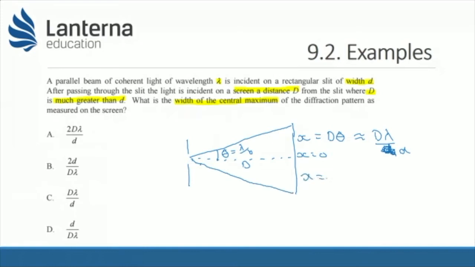So that's also going to be x equals D lambda over little d. So the overall width is equal to 2D lambda over little d. So A. Always be careful with what they've asked. They could have said the height of the first minimum above the central position, which would have been C. This 2 is because we wanted the whole width.